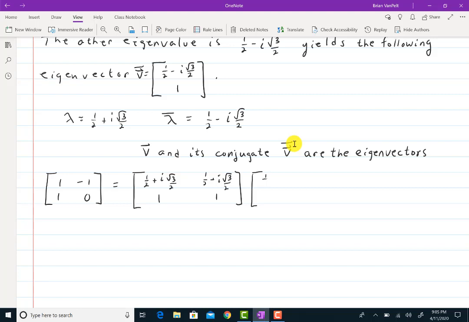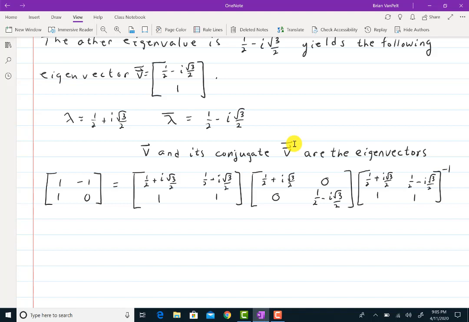I'm going to put the first eigenvalue that goes with the first eigenvector, 1/2 plus i radical 3 over 2, zeros in the off diagonals, and then 1/2 minus i radical 3 over 2. And then the inverse of the first matrix: 1/2 plus i radical 3 over 2, 1, 1/2 minus i radical 3 over 2, 1.